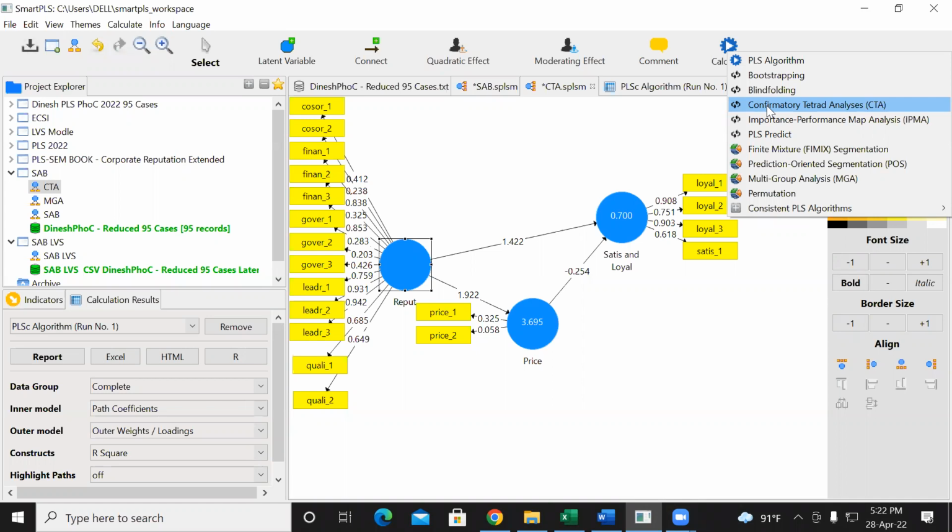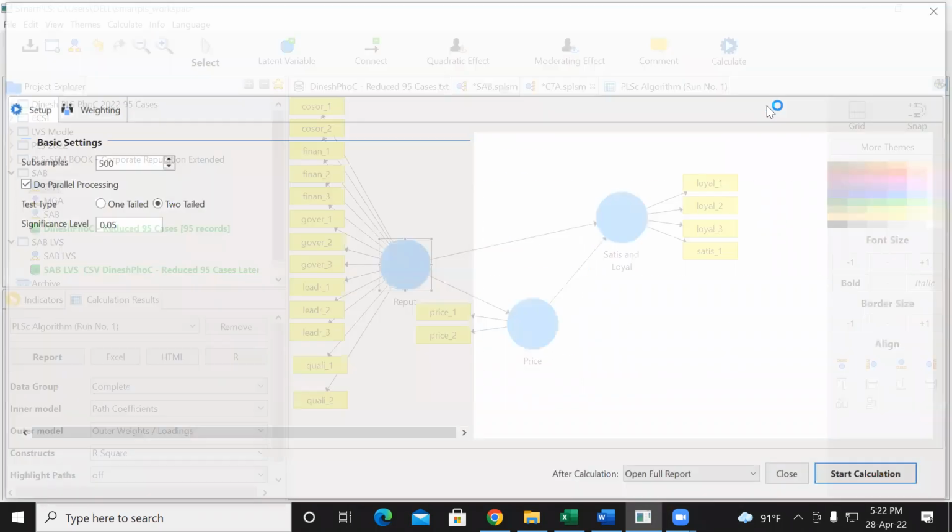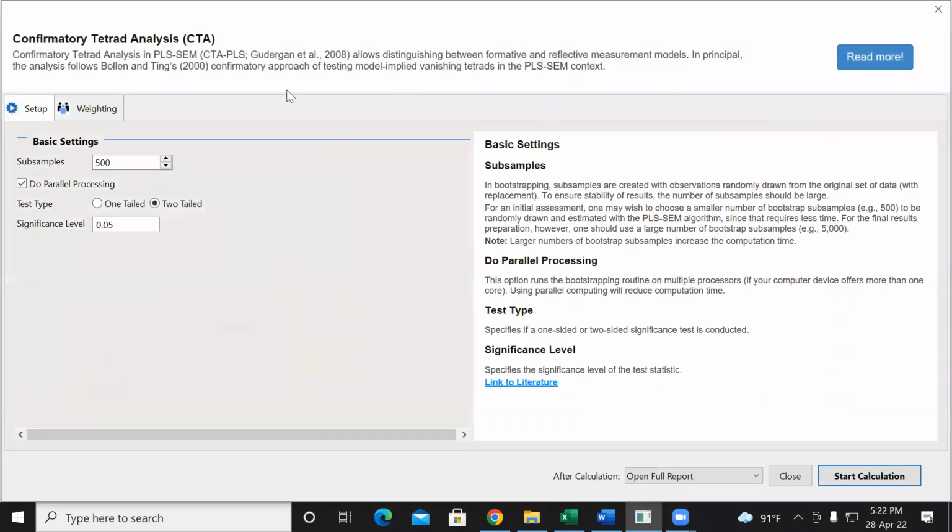I click that. You can make this 1,000 or 5,000, right? By default we keep two-tailed. Again, we are doing something based on the correlation matrix. If you want, you can change this to 0.1, but by default it is 0.05, right? Simply, you have to run the analysis. Start calculation.